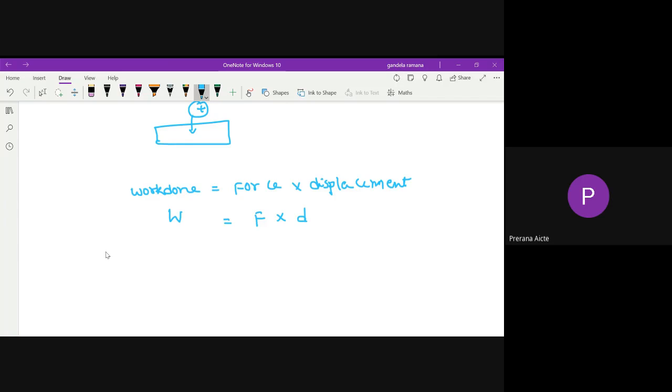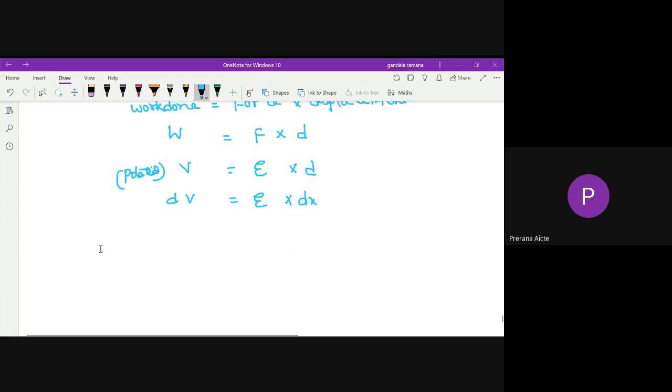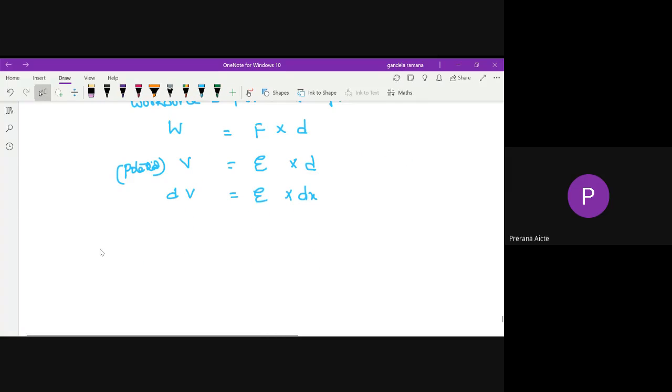From this, potential V is electrical intensity, denoted E, into D. So small voltage dV is equal to electrical intensity into small distance dx. So electrical intensity is equal to dV by dx, volts by distance, so that is volt per centimeter.